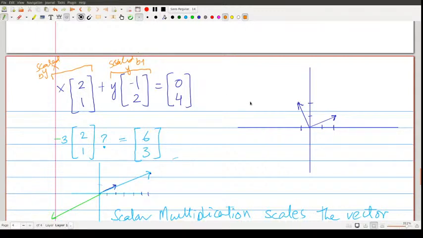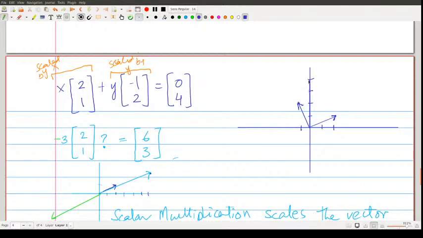We change this vector a bit and we change this vector a bit, and the vector we get after we add those changed vectors, I want that vector to be 0, 4. So I want this to be equal to 0, 4.